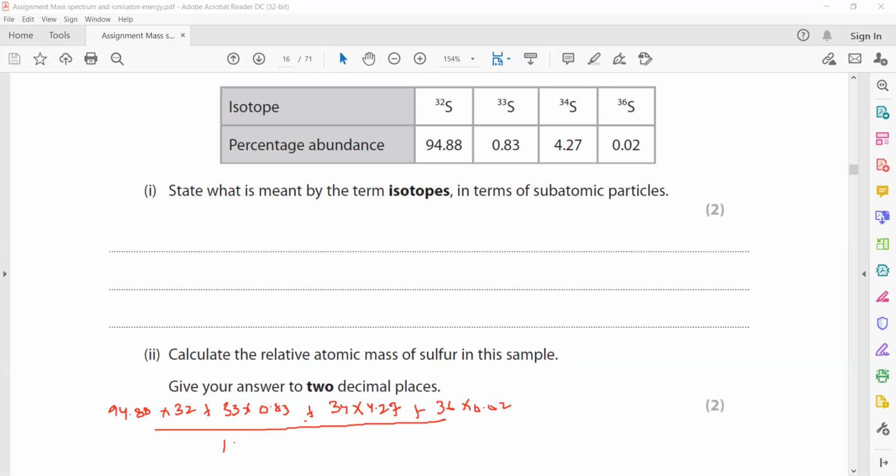So that will be 100. So it will come out as 32, to 2 decimal places, so 32.09 grams per mole.